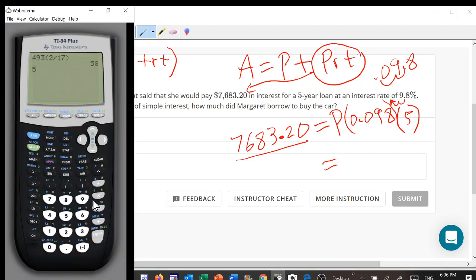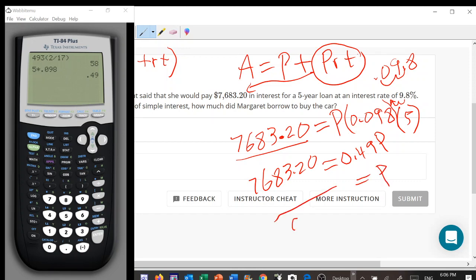5 times 0.098 is 0.49. So this is basically 0.49P, and on the left we have this number. So the principal amount would be that number divided by 0.49.